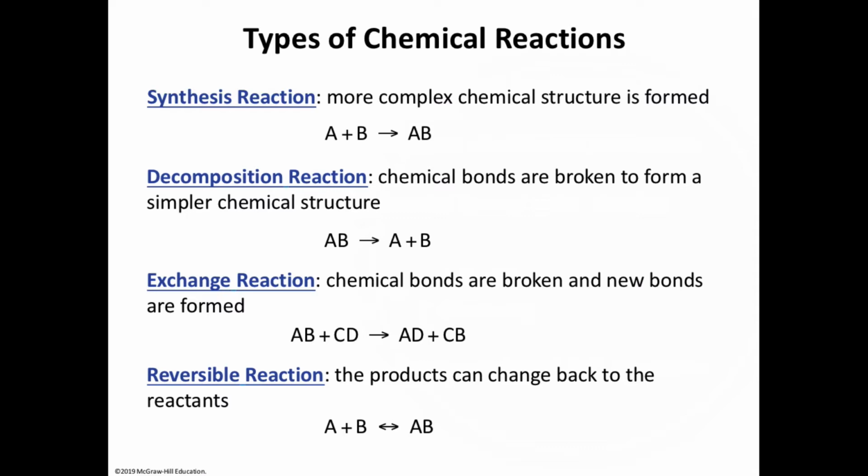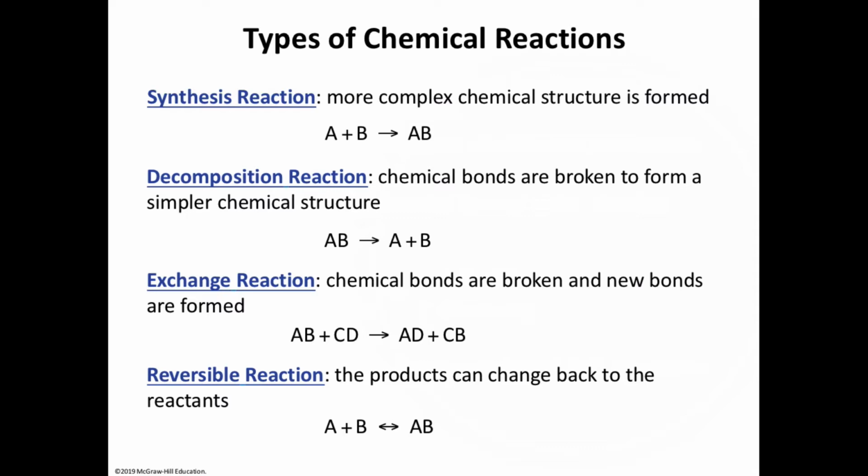So keeping in mind, we took what was separately A and what was separately B, and we made what is more complex, called AB. That is that synthesis reaction. The very same way, we could go to that decomposition reaction.